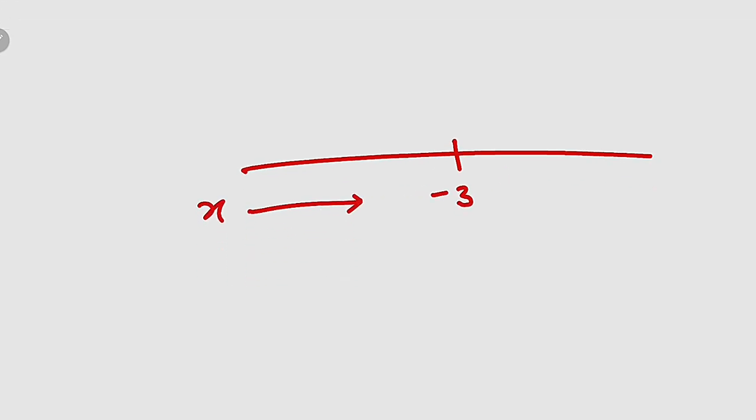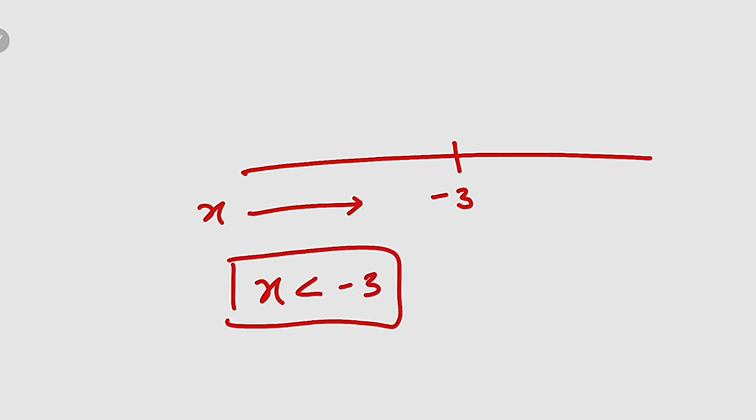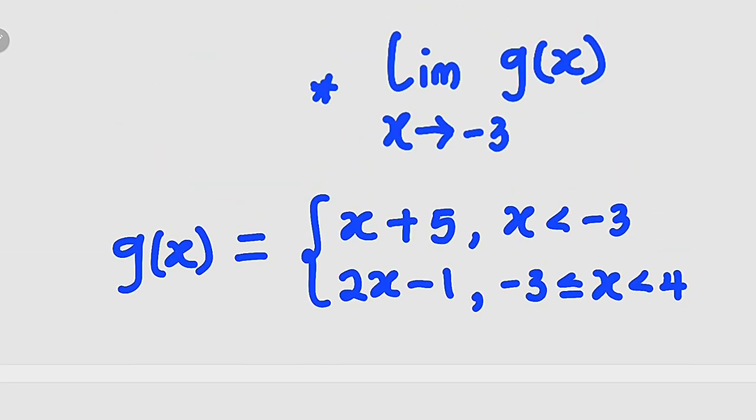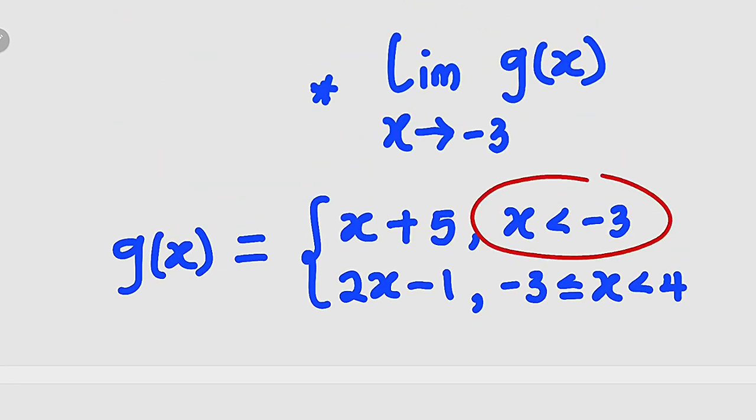If we have this, it means that what? x is less than negative 3. And where do we have this condition? x less than negative 3. It is exactly here. Therefore, we are going to substitute x equal to negative 3 in here, right? That's our left-hand side limit.